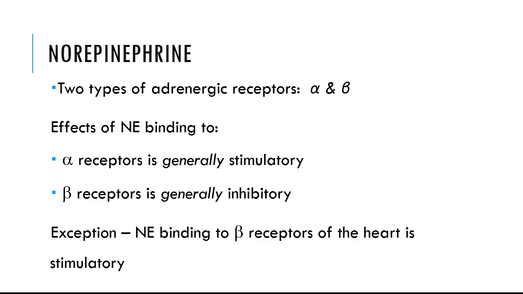Generally, not always. And while epinephrine and norepinephrine combine to beta adrenergic receptors, the effect is usually inhibitory. So usually. A very important notable exception is probably what you knew coming into this class.